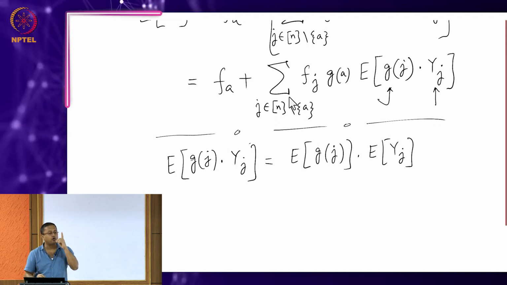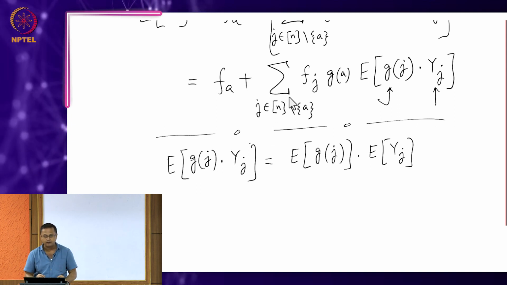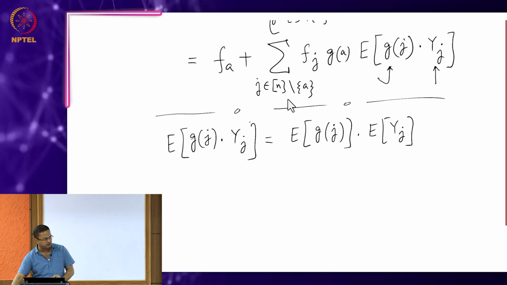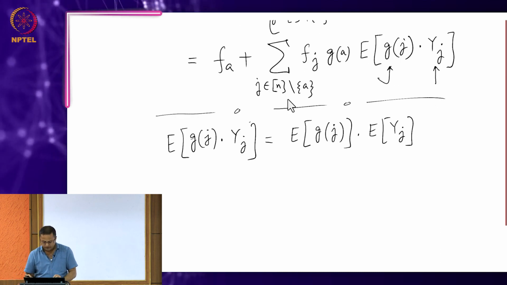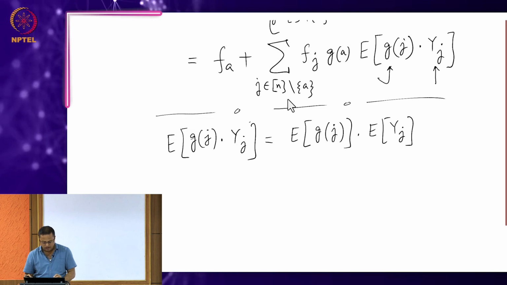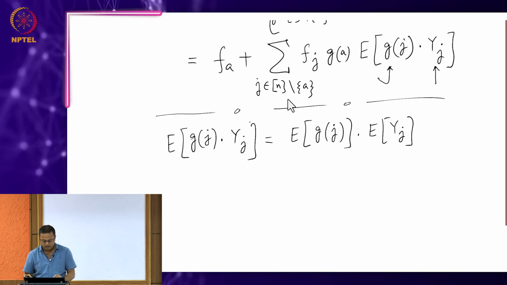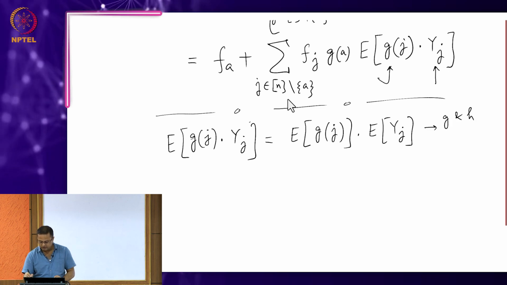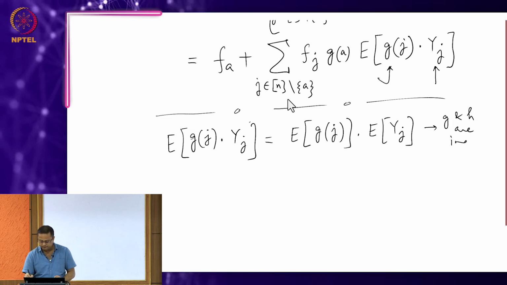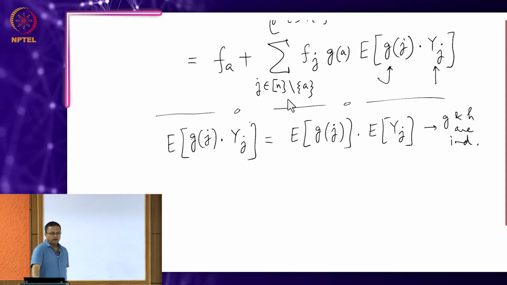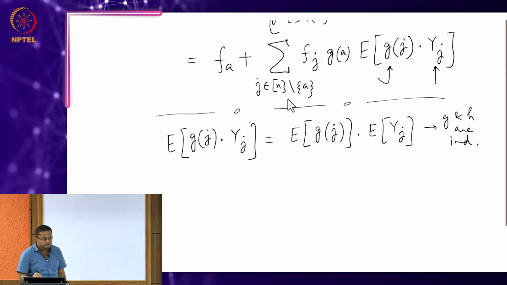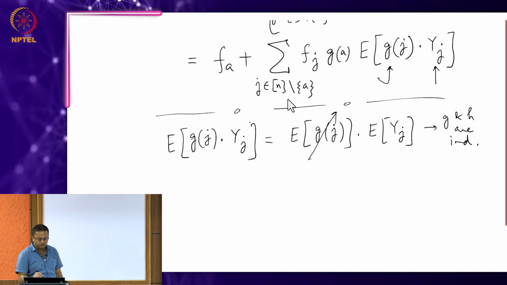This is true for all j's not equal to a, fine, because your sum is indexed over all j's not equal to a. And why is this? Because g and h are independent. Now, what is this expectation?